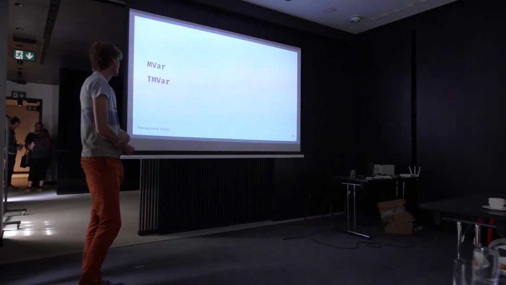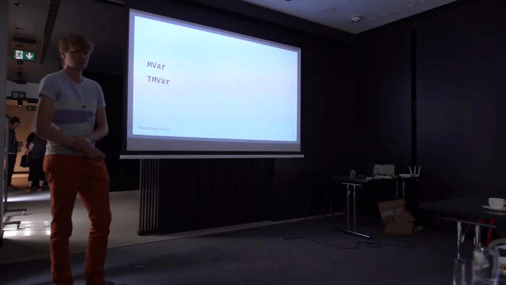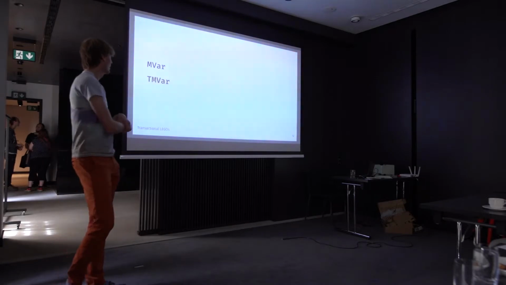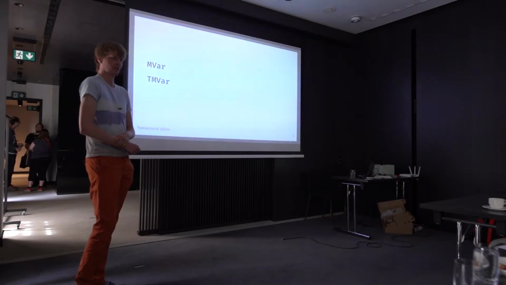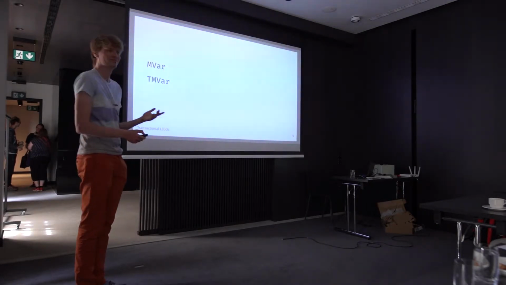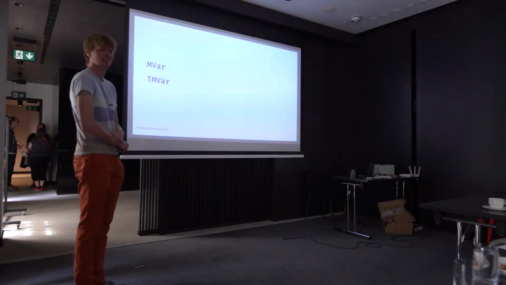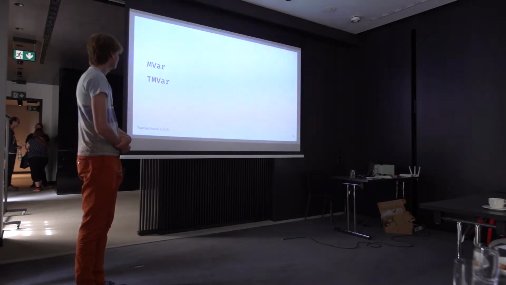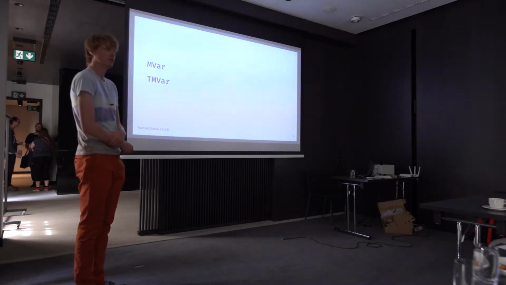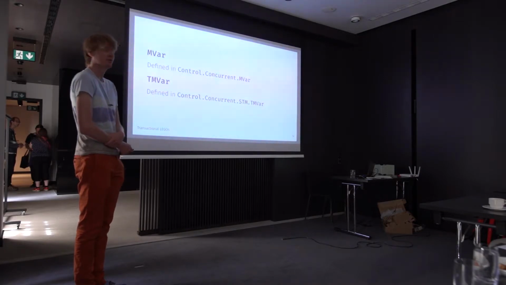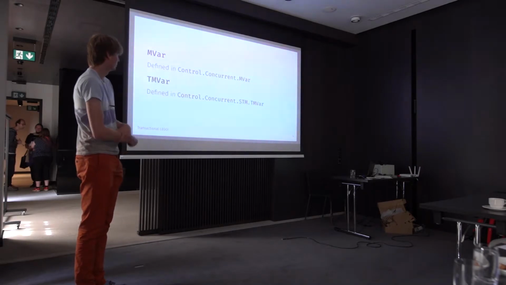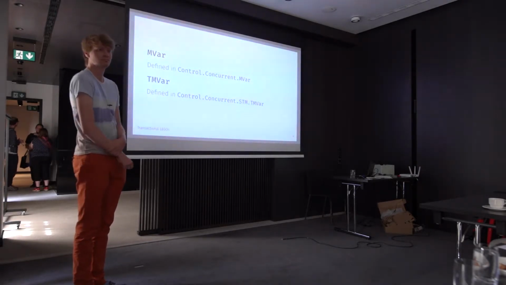So I mentioned MVAR before, and we now have a TMVAR, right? What's the difference? Well, for instance, there's a T, right? But besides that, they're defined in or accessible from different modules. The MVAR is in Control.Concurrent.MVar, and the TMVAR is in Control.Concurrent.STM.TMVar.